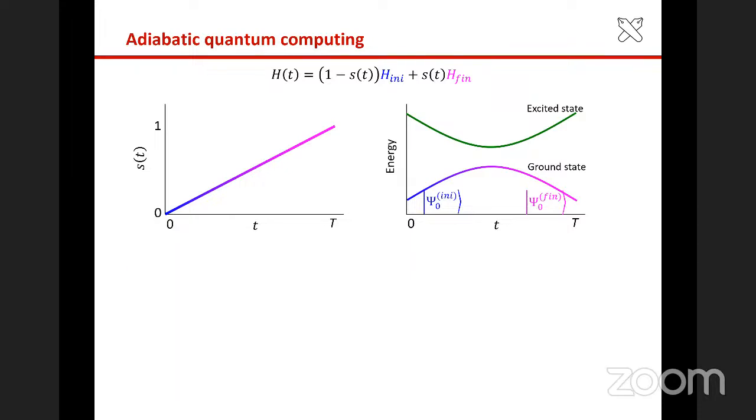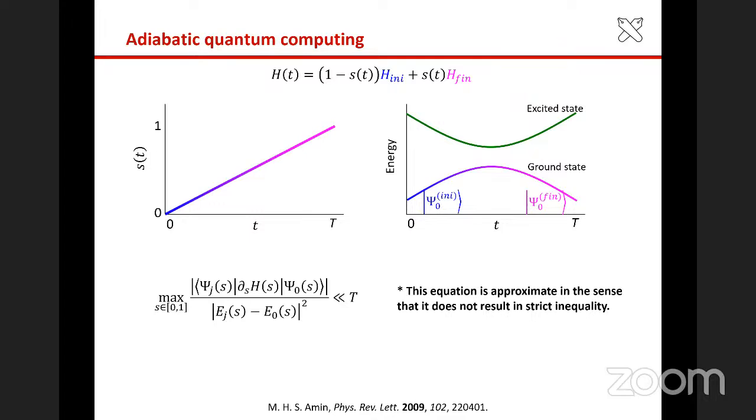But there is a known approximate equation. So roughly speaking, the evolution time T should be sufficiently larger than this value.